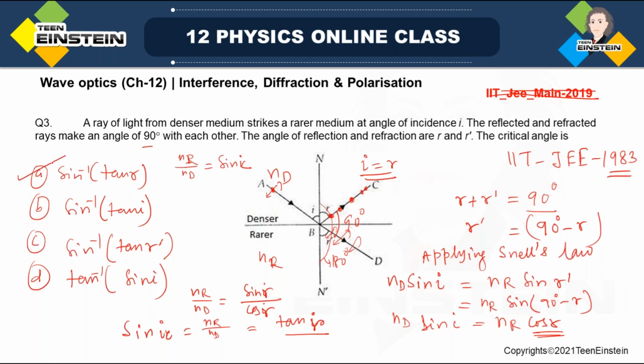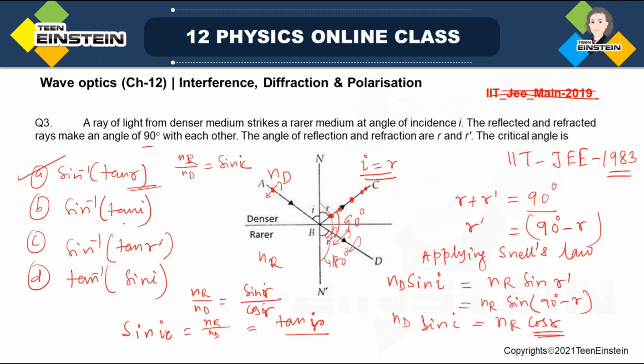So this will be the answer. All right, IC, the critical angle of incidence, is sine inverse tan of r.